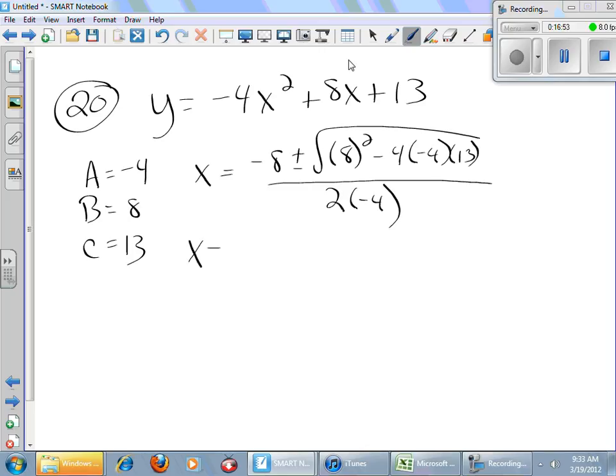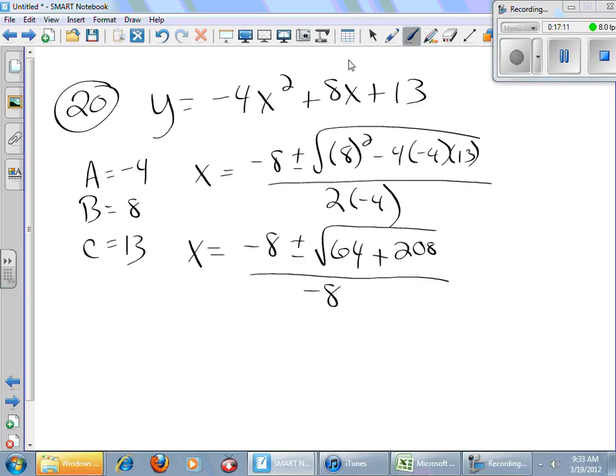Okay, I can start simplifying my quadratic formula. Oh, I'm going to have 16 times 13. Which is going to come out to be 208. And that's going to be over negative 8. All right. Plus 64. It's going to give me the square root of 272.